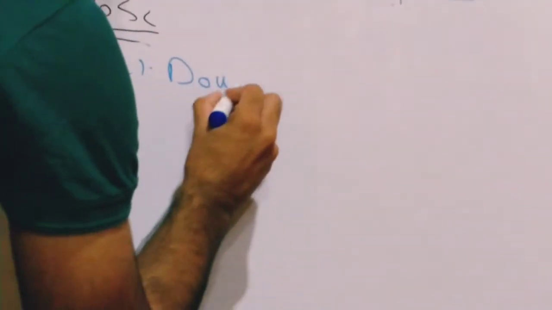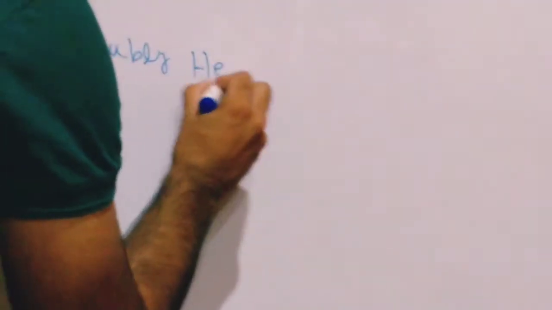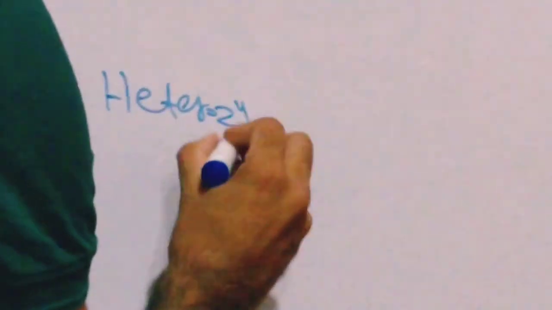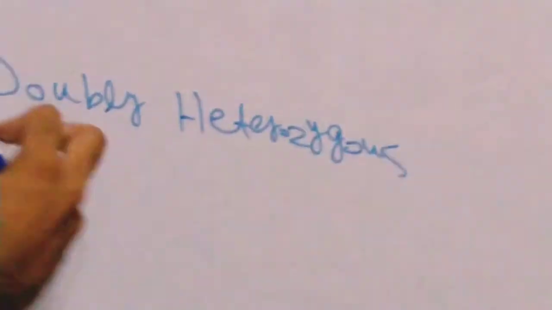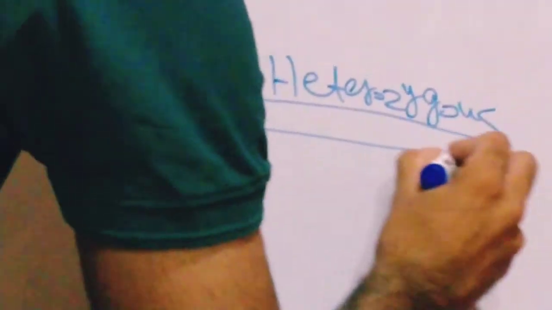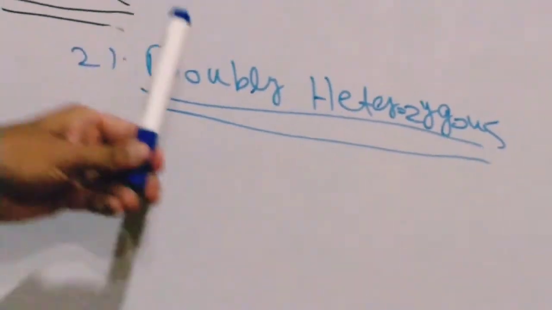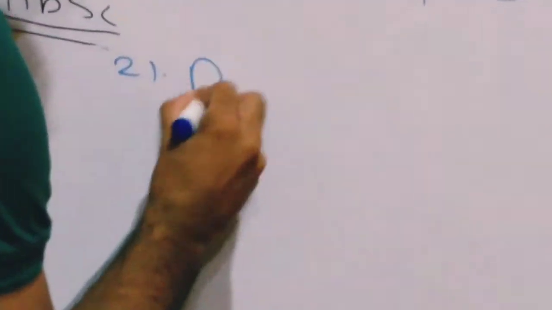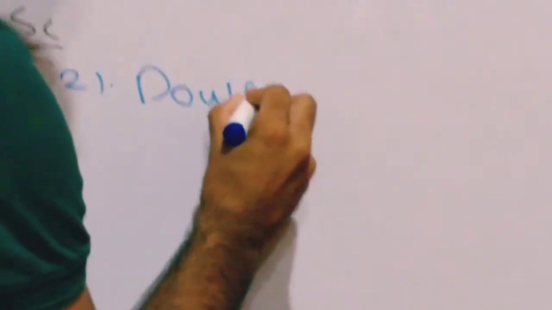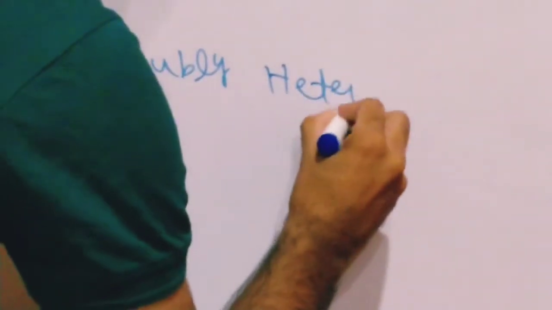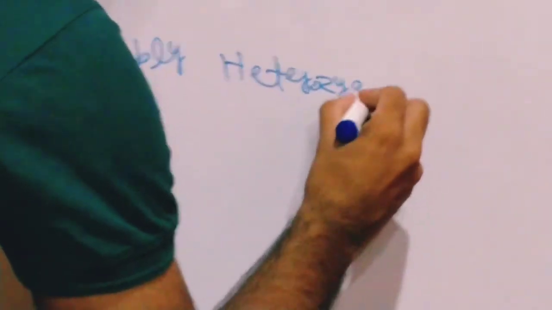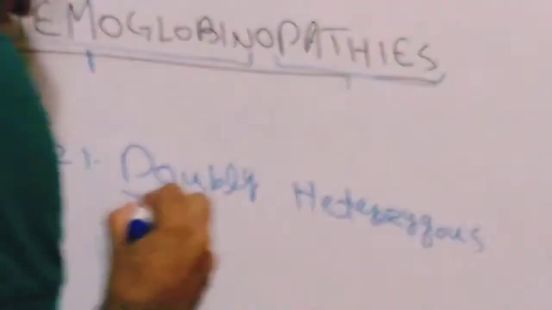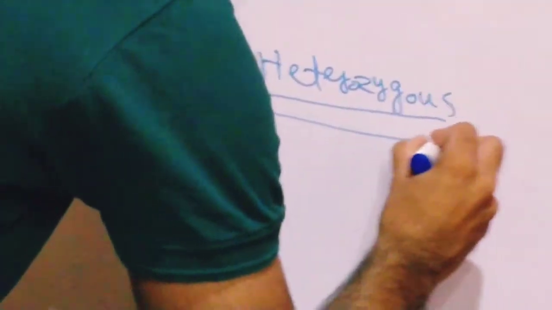The second point is that it is said to be a doubly heterozygous disease. What is meant by doubly heterozygous?